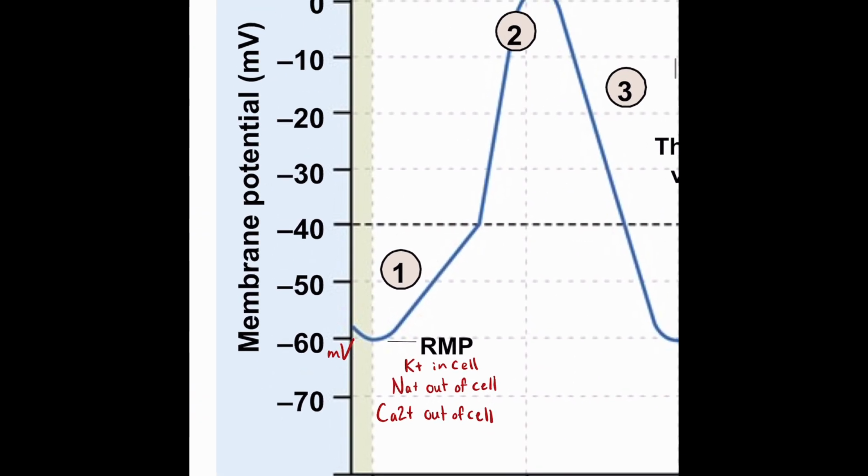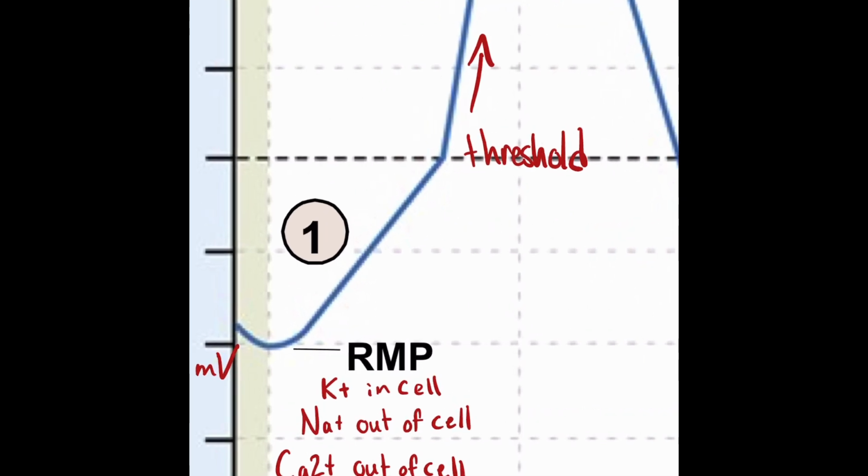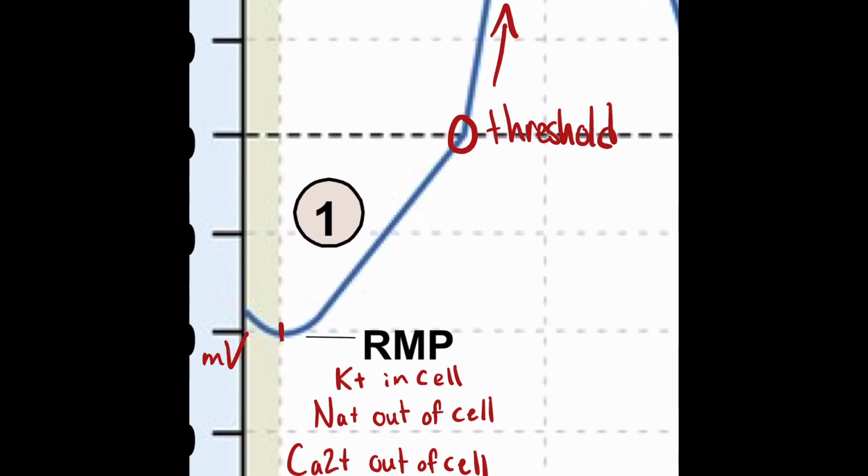In order for us to get to this threshold here, to fire our action potential, right? So this is what we want to do. There needs to be a change in ion concentration from here to here. So what occurs at this point is that sodium will rush into the cell.